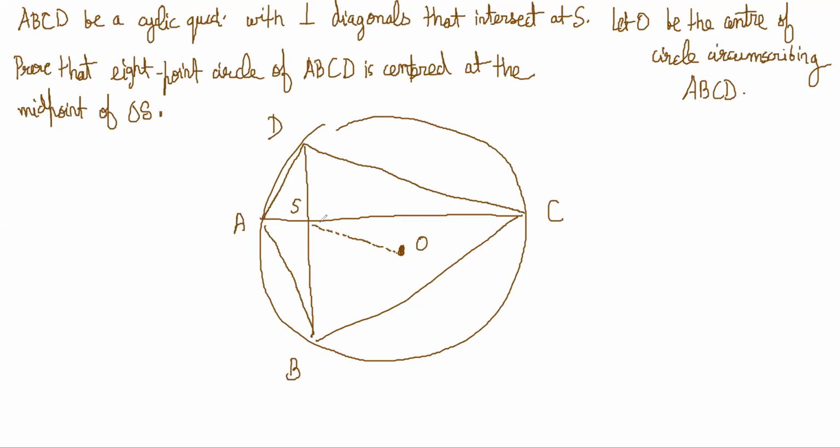So, the 8-point circle, how did we draw it? Let's try to recall. You have a cyclic quadrilateral like this.